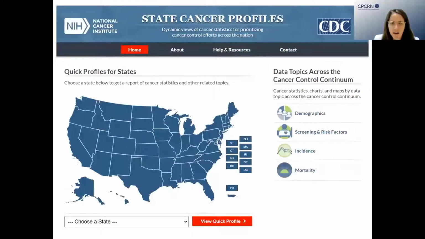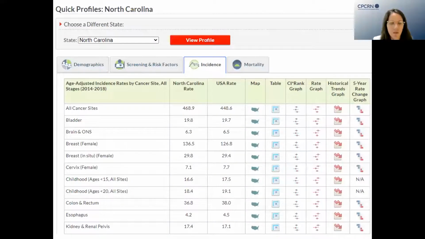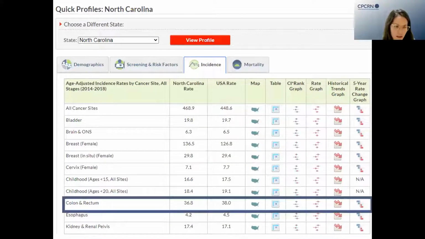To find our screening rates in Chatham County, I'm going to start with this source that's on our list called the State Cancer Profiles. So from this page, I'm going to select North Carolina from the drop-down menu, and that will take me to this page where I can browse state-level cancer data. So after selecting incidence up in the top bar, I can look down to see what the current colon and rectum cancer rates are.